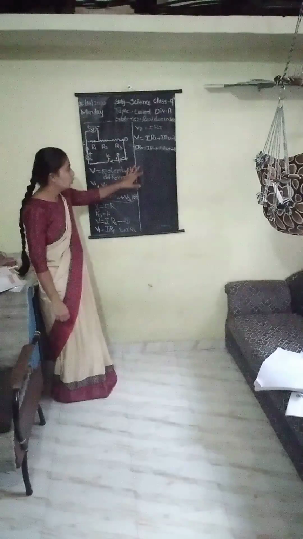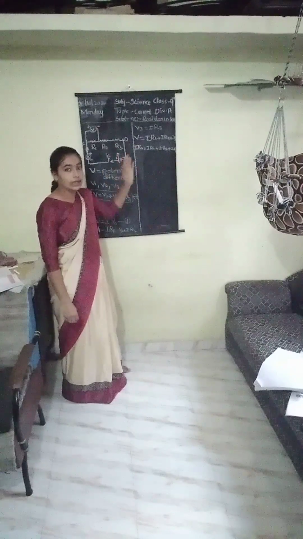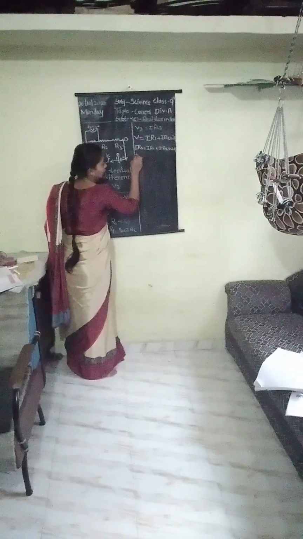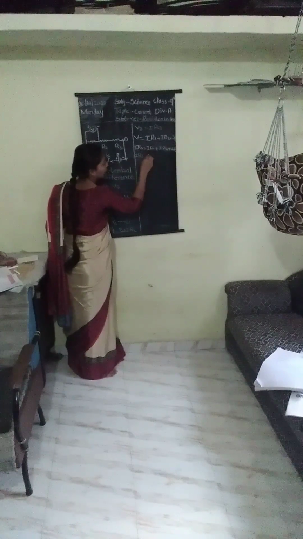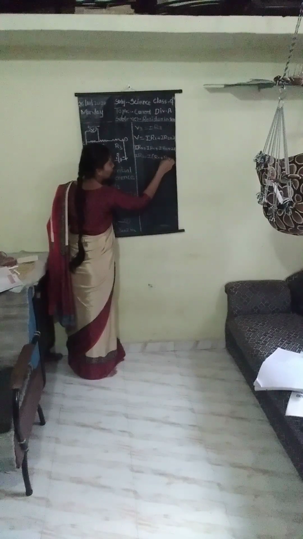Right? So if we compare the left hand side of the equals sign and the right hand side, I is common. If we take out I common, I Rs is equal to I times R1 plus R2 plus R3.